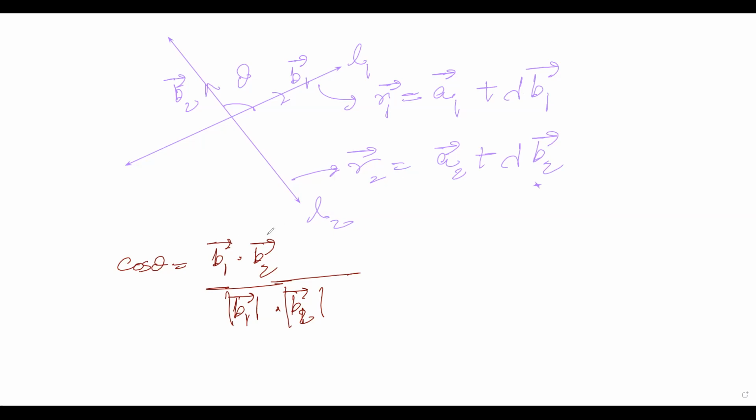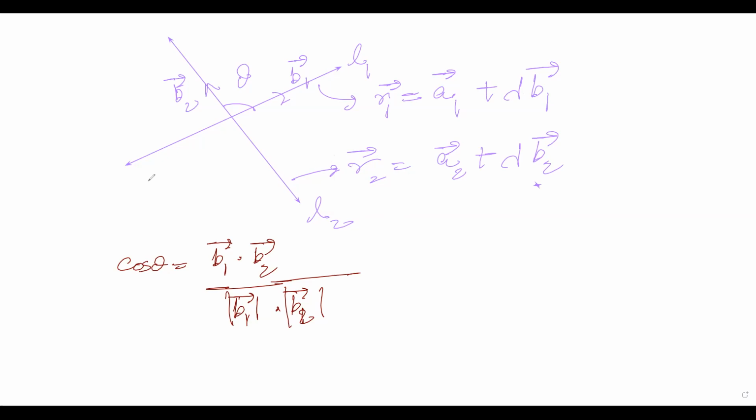After that, we can also find out the conditions for perpendicular lines and parallel lines, right? Because if lines are perpendicular, in that case, cos 90 will be 0. So B1 dot B2 will be 0. Or rather, we can say that dot product of denominator will be 0. Right?